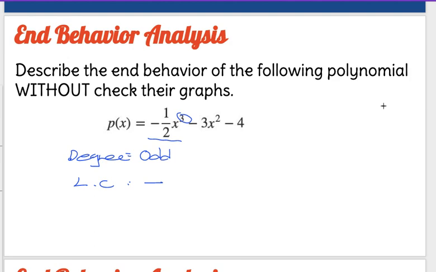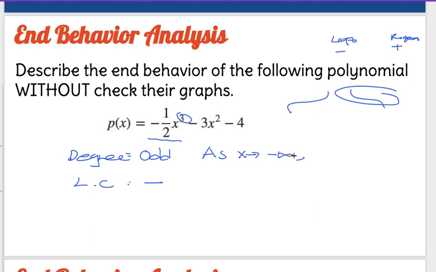If this is an odd graph, it will look like this way or this way. But when the leading coefficient is negative, it will look like this kind. So how do we use this to describe the end behavior? Remember, we always focus on the negative side, which is left, or the positive side, which is right. So we always describe the two sides of end behavior. As x approaches negative infinity, which is on the left side, y, as you can see for this model, is going up, so y approaches positive infinity.